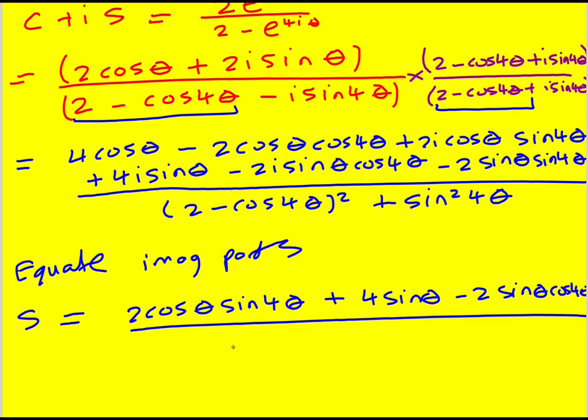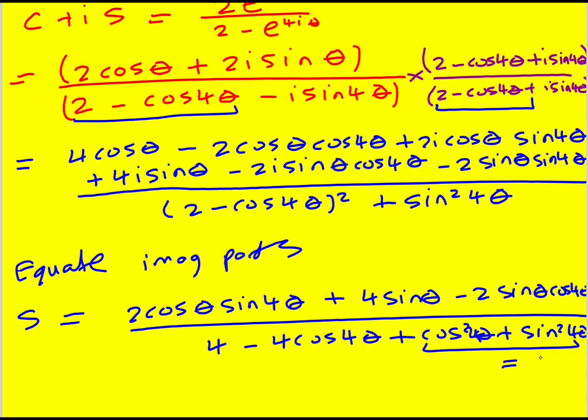Let's expand this bracket now. I'm going to get 4 minus 4 cos 4 theta plus cos squared 4 theta, sorry, plus sine squared 4 theta. But hey, this is just equal to 1.